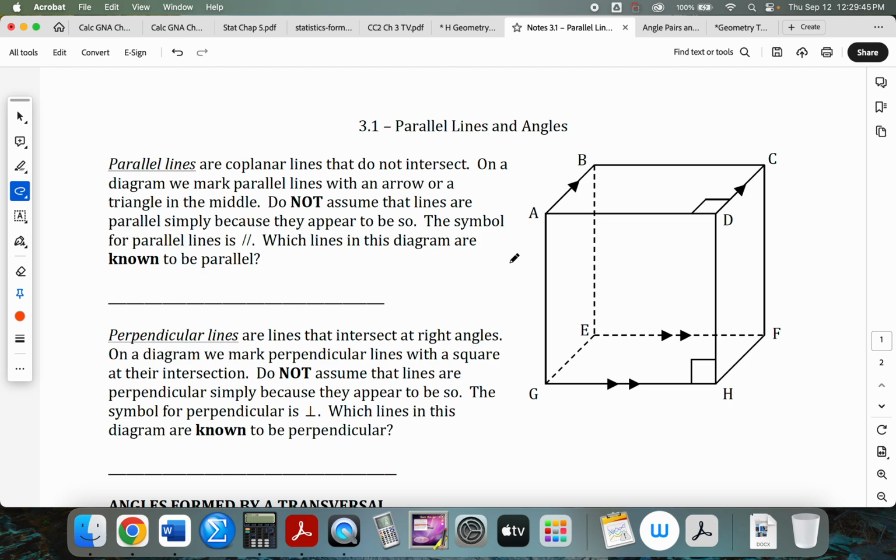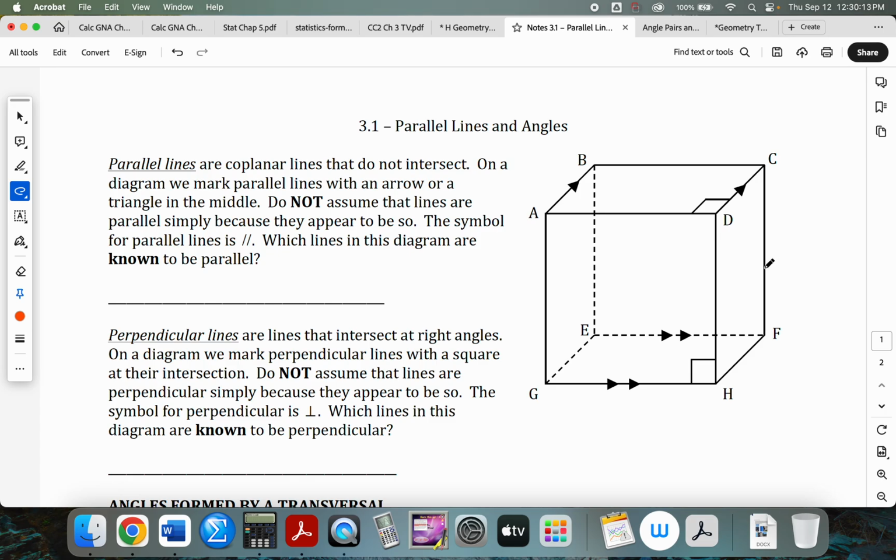One thing to be careful of is that in this diagram, it looks like DH and CF are parallel, right? We cannot assume that they are parallel. I don't know for sure. They could be off slightly. So sometimes the question will say which ones appear to be parallel. Sometimes they'll ask which ones we know are parallel.